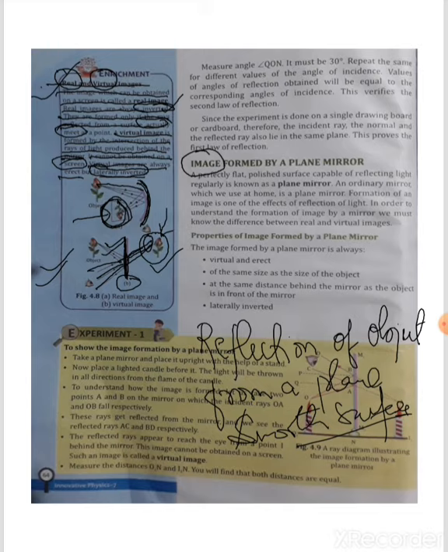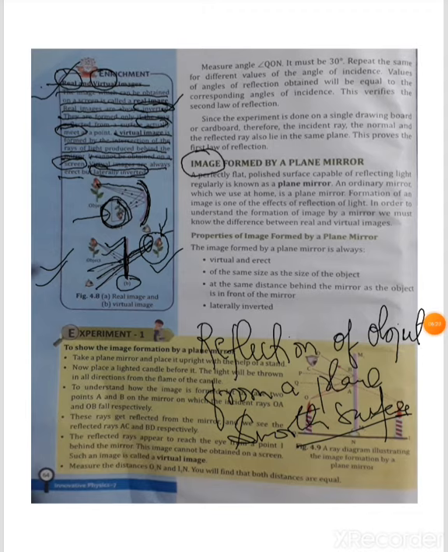Number two, real images are formed by the actual meeting of the reflected rays, whereas virtual images are formed when the reflected rays appear to meet at a point when produced backward. The third difference is that real images are inverted, whereas virtual images are erect. So please know this.